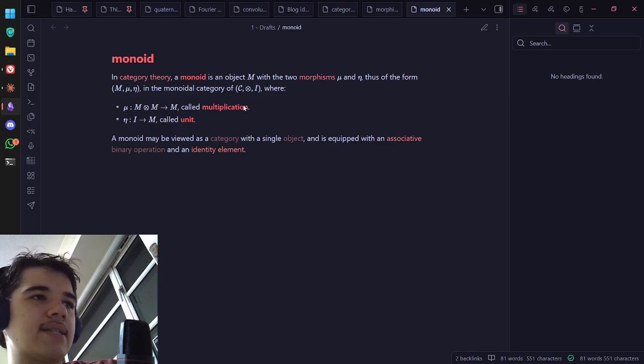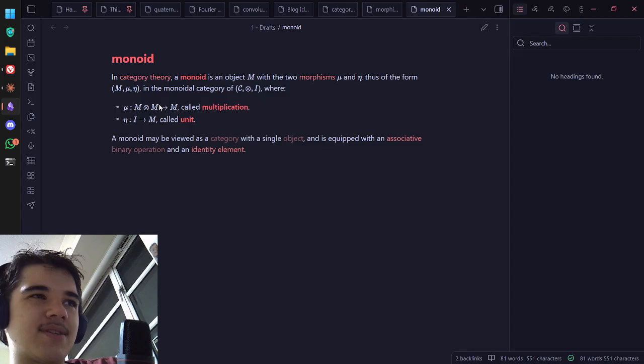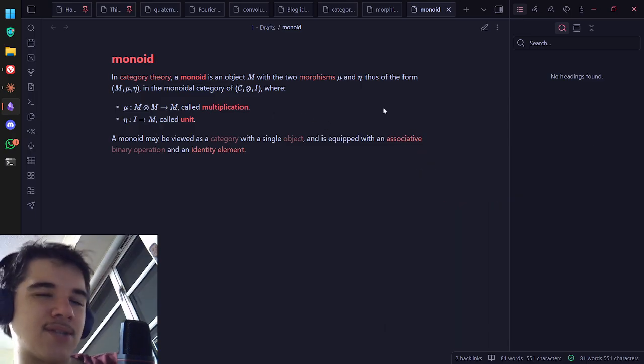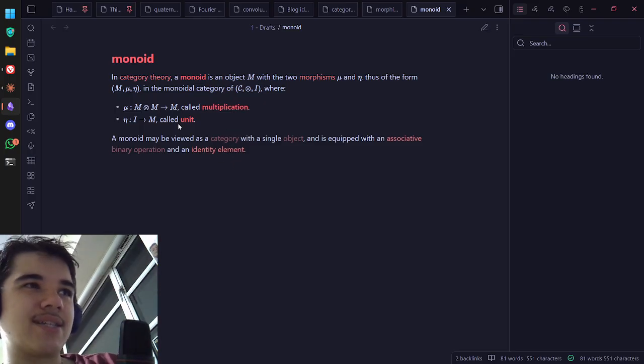So my assumption is that this multiplication is this. If you were to make a morphism or morphisms from monoid to monoid in category theory, my assumption is that there's some functor or some morphism from the associative binary operation to multiplication, and a morphism from the identity element to a unit.